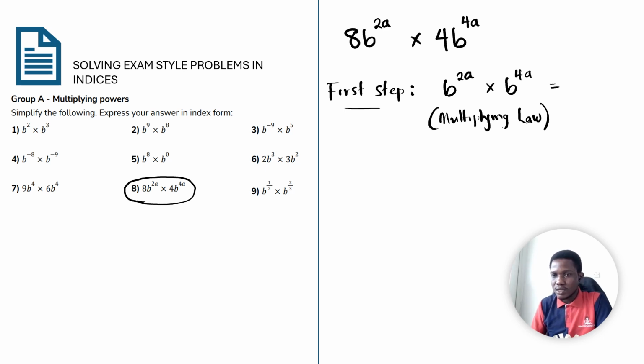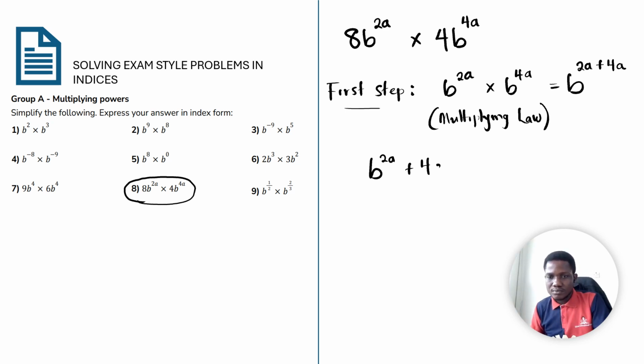So this becomes b to the power of 2a plus 4a, which is equal to b to the power of 6a.